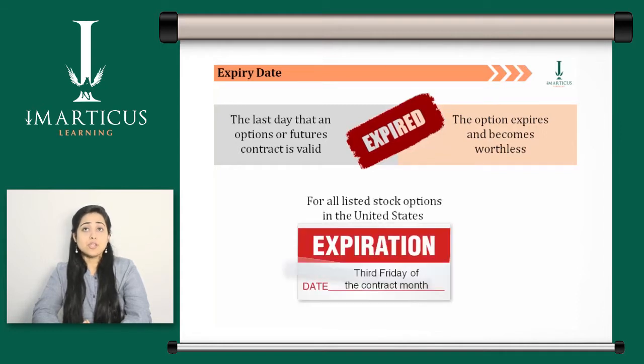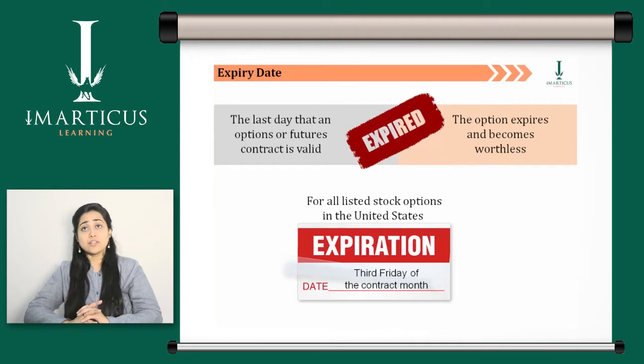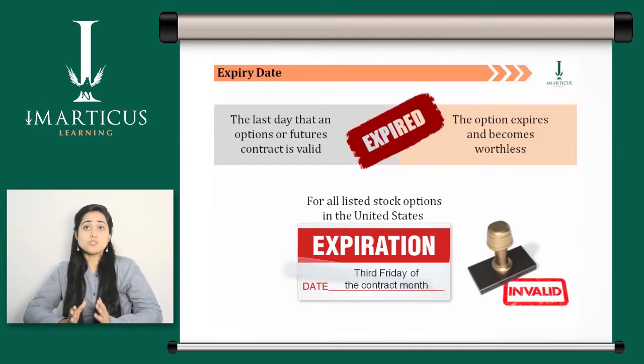The expiration date for all listed stock options in the United States is normally the third Friday of the contract's month, which is the month when the contract expires. However, when that Friday falls on a holiday, the expiration date is on the Thursday immediately before the third Friday. Once an options or futures contract passes the expiration date, the contract is invalid.